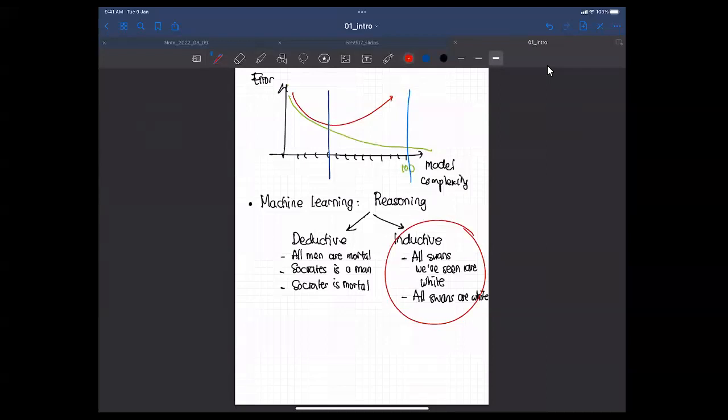And this mapping from data to model is deductive. I agree with you on that. This process, the mapping, is deductive. It's a mathematical mapping function. I'm not talking about that.